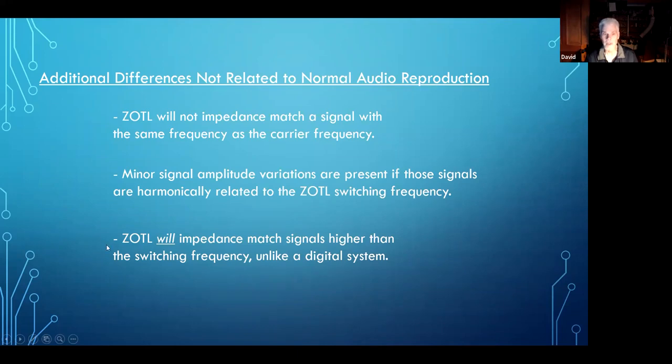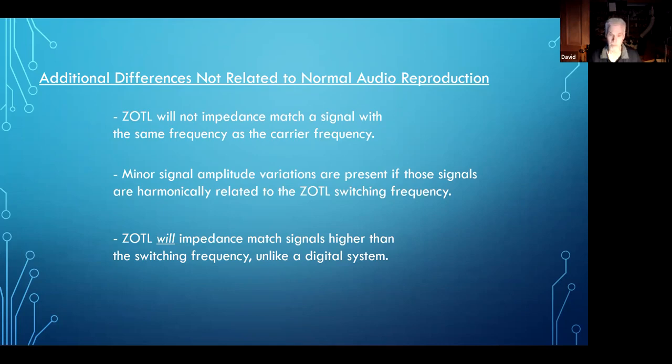And this is an interesting thing about that. The ZOTL will impedance match signals higher than the switching frequency, unlike a digital system. As you may know, the digital system is affected by the Nyquist theorem.